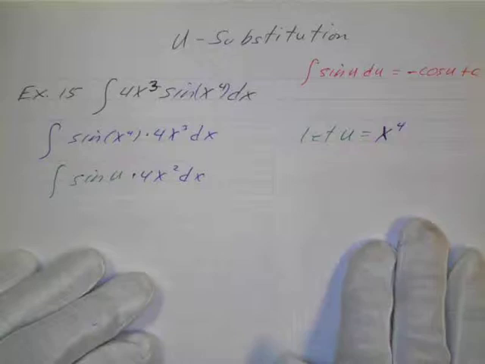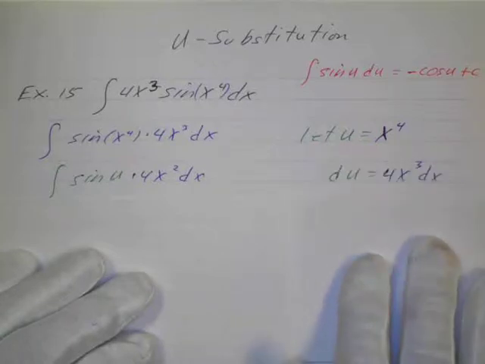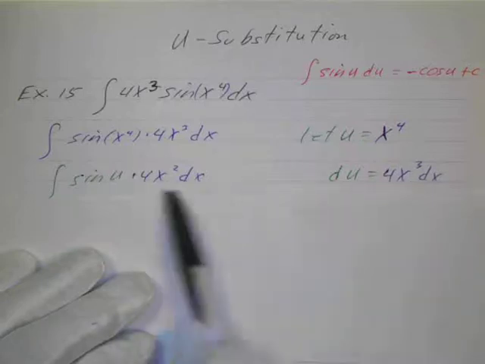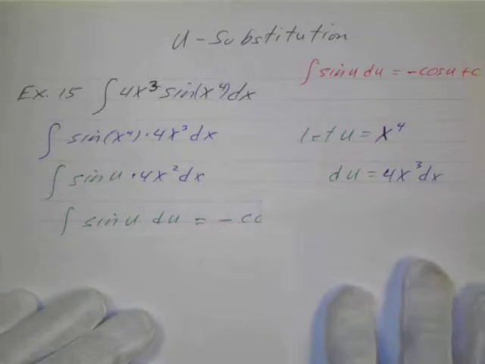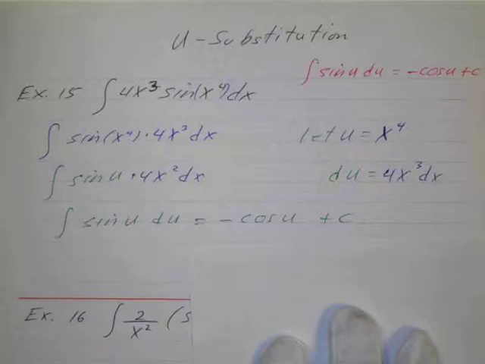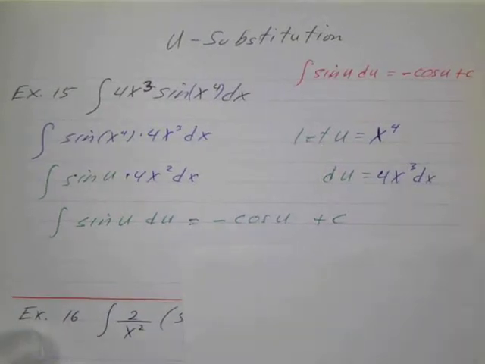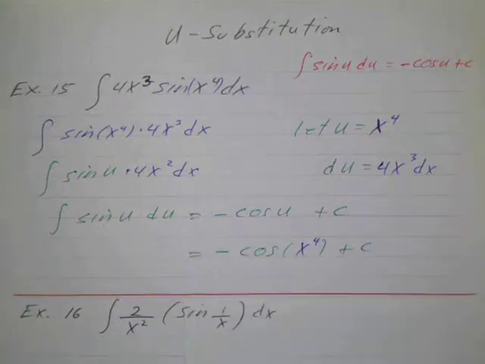The derivative of u is du, and the derivative of x to the fourth is 4x cubed dx, which is an exact match. So instead of writing this, we can write du, and we're ready to go. And we know that that's equal to negative the cosine of u plus c from our formula above, right there in red. And what was u? x to the fourth, and you're done.